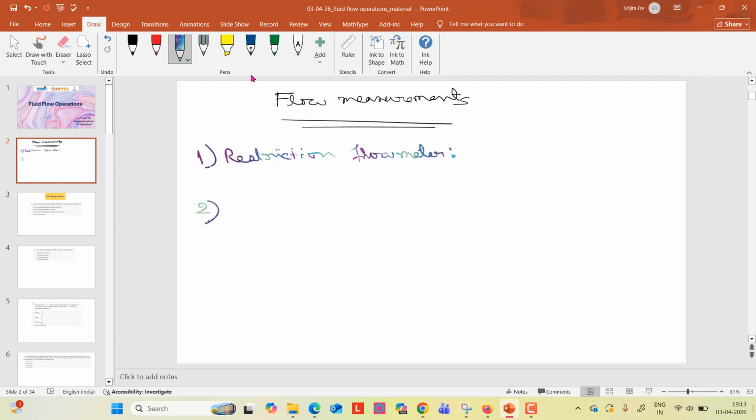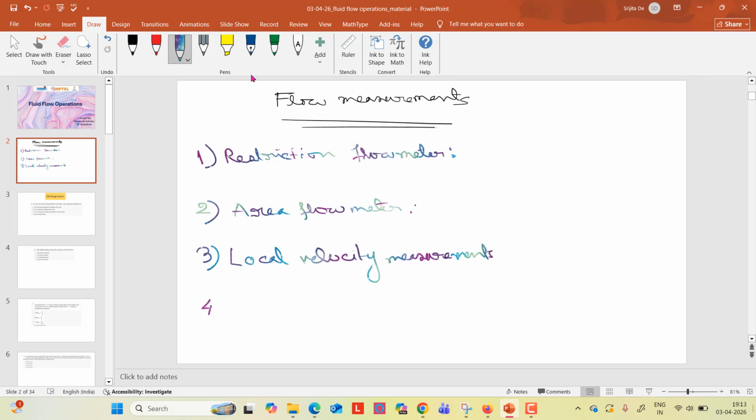Second one, area flow meter. Third one, local velocity measurement. And the fourth one is the open flow measurement.